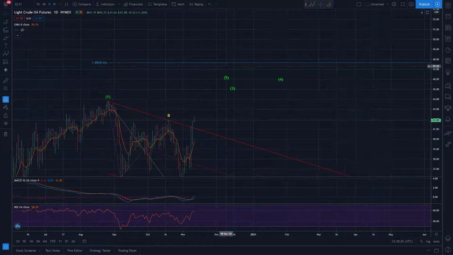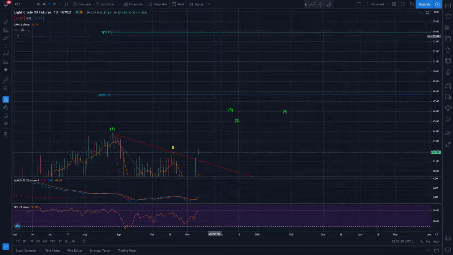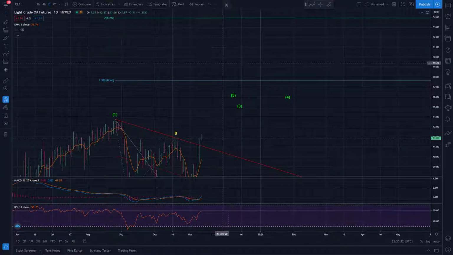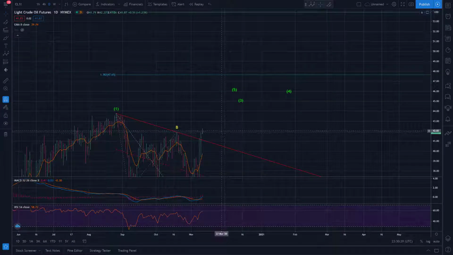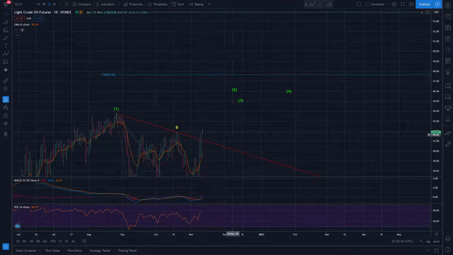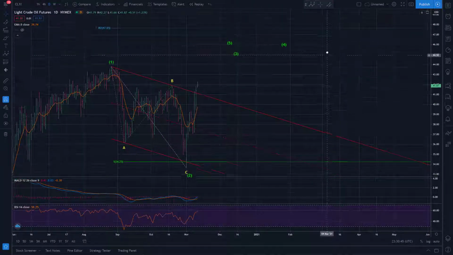I mean, that gets you up to almost 50, maybe even into the mid 50s, depending on the targets achieved. And you could certainly go beyond that, but just as far as potential trading objectives, those look like pretty decent targets. And here we are actually already starting to break above 42, or just around 42.